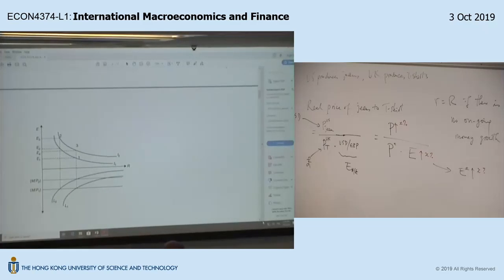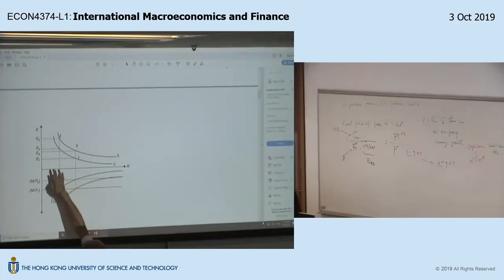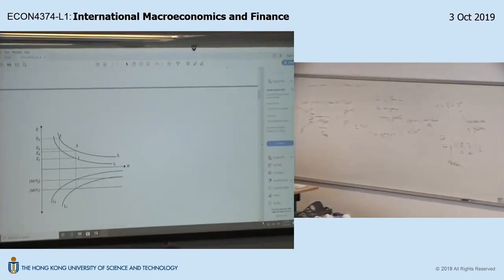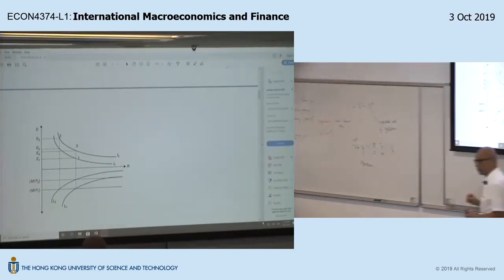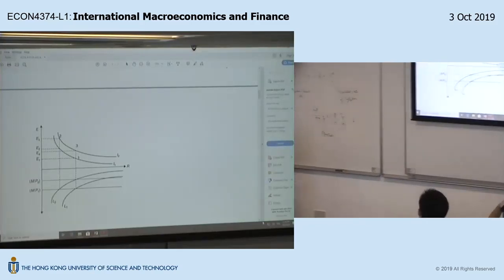Okay. Does that make sense? So the rest is just quite mechanical, right? The output falls initially. So that's overshooting, obviously. From this exchange rate E1, you have overshooting to E3, and then you settle at the long run level at E4. Okay, does that make sense?